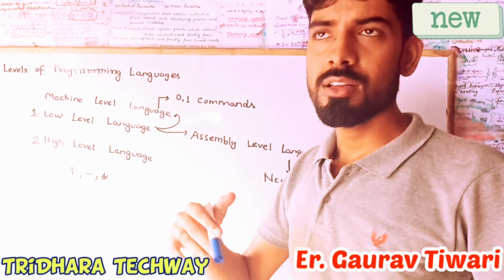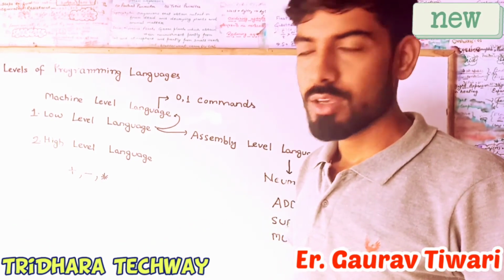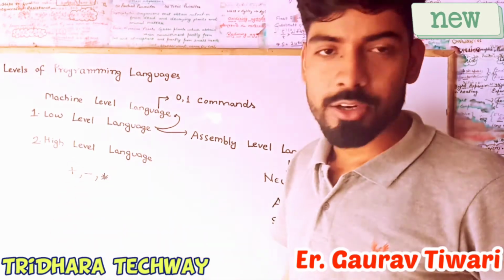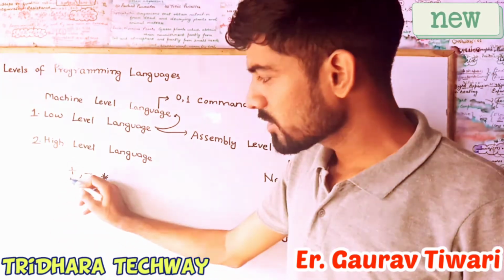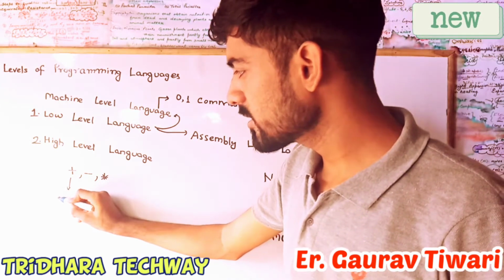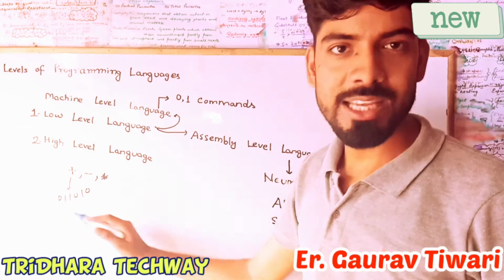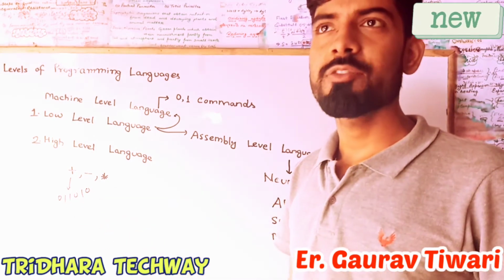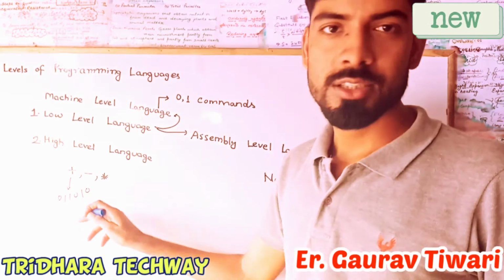You will tell the computer in terms of 0 and 1. If you want to add two numbers, you have to generate a binary code for this addition operator. Suppose the binary code for addition is 0 1 1 0 1 0. Suppose something like this. So it was very difficult for the programmers to remember these commands.